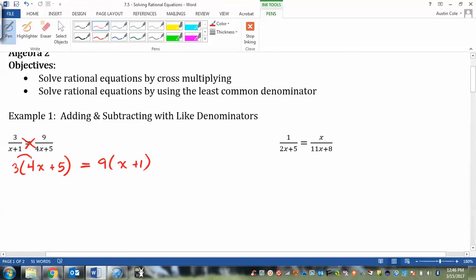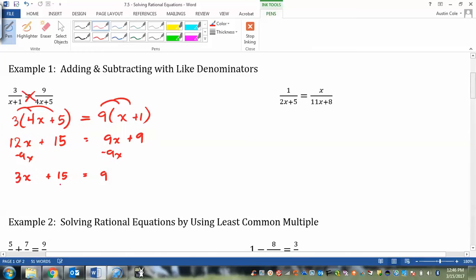So I can distribute my 3 and distribute my 9, and I'm going to get 12x plus 15 equals 9x plus 9. Get all my x's on one side. I'm going to subtract 9x on both sides, so 3x plus 15 equals 9. Subtract 15 on both sides, and I get 3x equals negative 6, and then x equals negative 2.